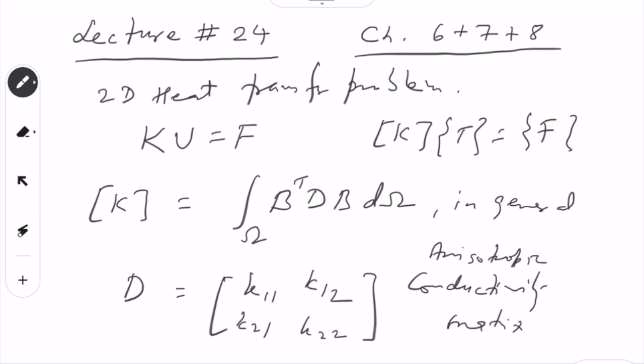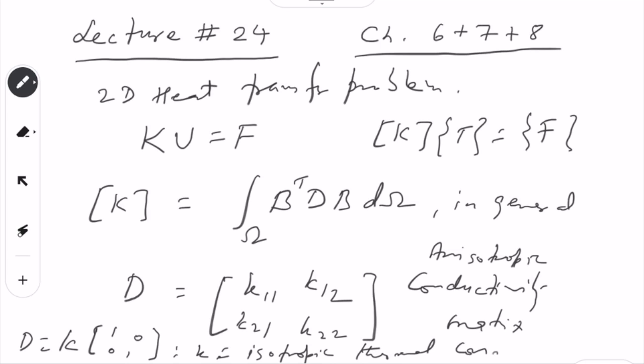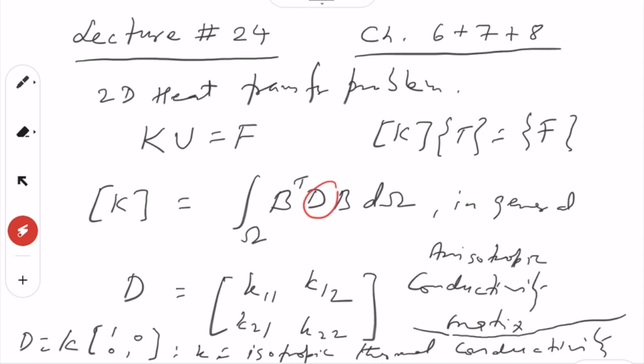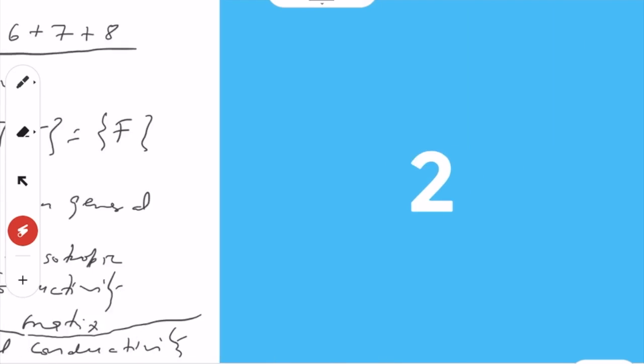For isotropic, D becomes nothing but K times the matrix 1 0 0 1, where K is the isotropic thermal conductivity. So if we have isotropic, then D takes this form, and basically we can just write K for the isotropic case.